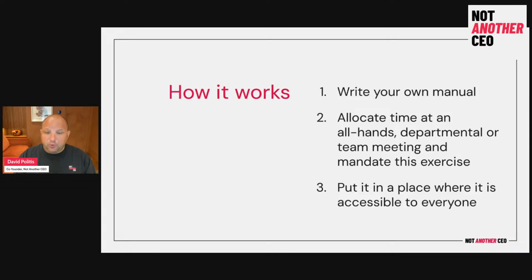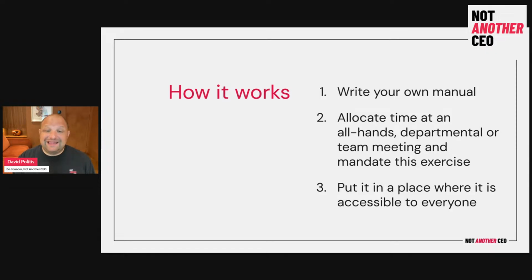I think it's important for the leader to show their vulnerability and say, hey, I wrote my manual first, and I'm going to share this with all of you, and then we're going to set up time to go through the exercise, which I'm going to take you through here today. We're going to set up time for people to actually write their own manuals. And then number 3 is a very important step of the process.